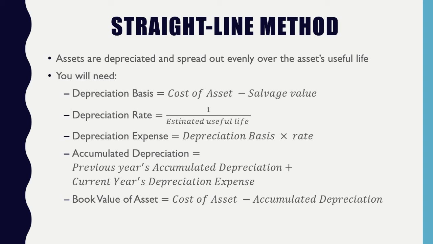And then last but not least, the last two formulas, your accumulated depreciation and your book value, these two formulas are the same throughout every single depreciation method. So here, once again, it's a combination between the units of production and the double declining method. We see similarities.